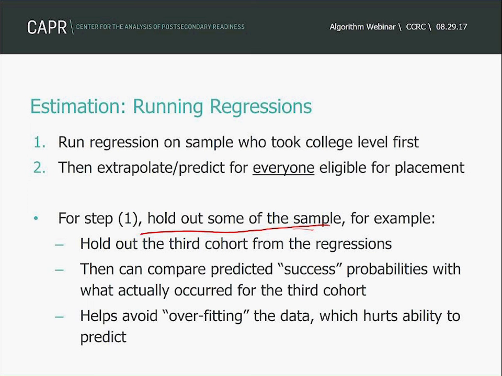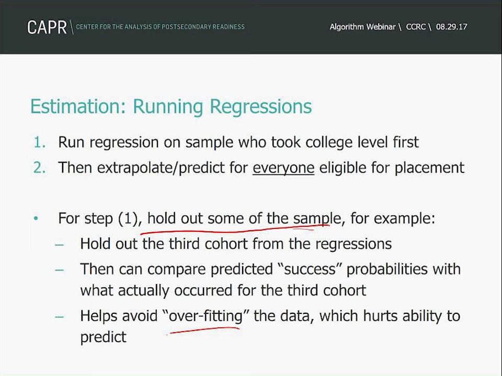And then you can run the prediction on the third cohort and see how well this algorithm does out of sample in this third cohort. We generated these predicted likelihoods of success. Does it seem to match the actual success pretty well for that third cohort? And this helps avoid the overfitting problem that can arise if you didn't do this, and it hurts your ability to predict out of sample.